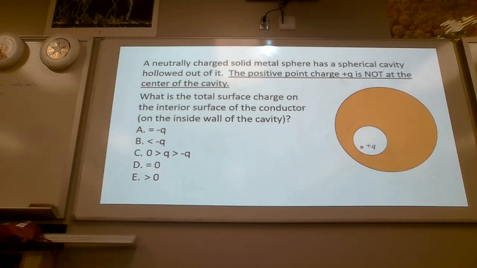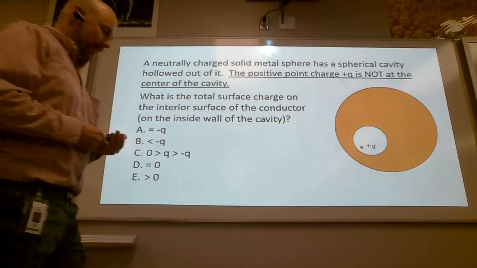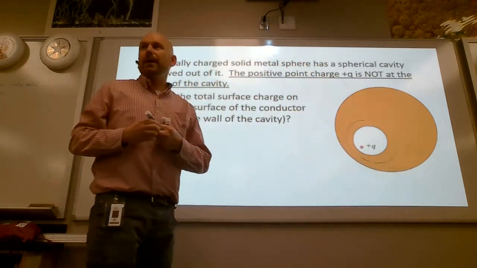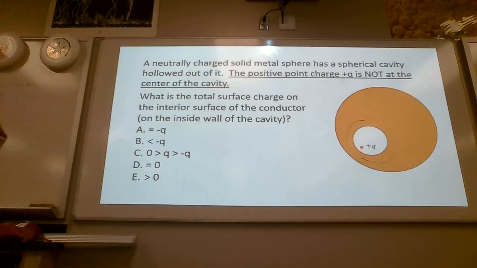Tell your neighbor. Correct answer is still A. If you have your Gaussian surface, electric field in the interior of the metal is 0. So we have the same conversation.